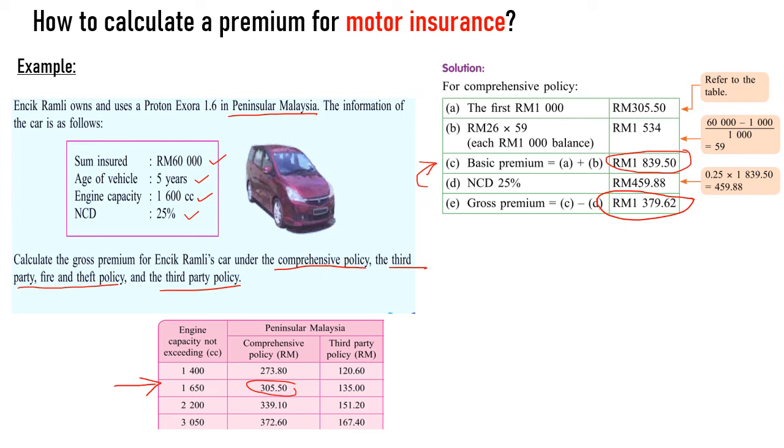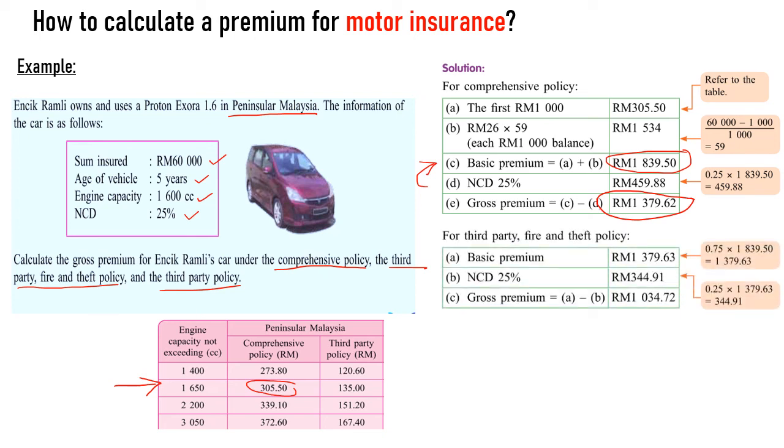Okay, so the next one is the third-party fire and theft policy. For this policy, just remember that it is actually 75% of the basic premium of the comprehensive policy. So to find the basic premium of the third-party fire and theft policy, you just use 75% multiplied with 1839 ringgit and 50 cent, and then you will get the basic premium for this policy.